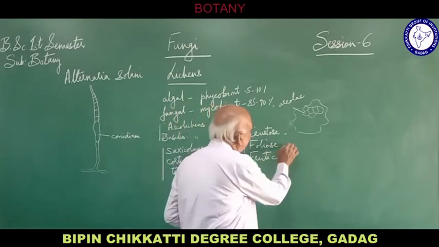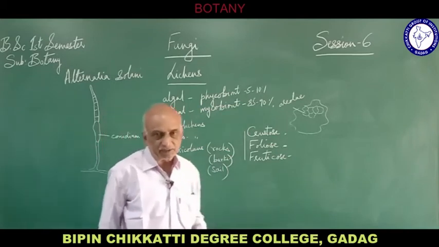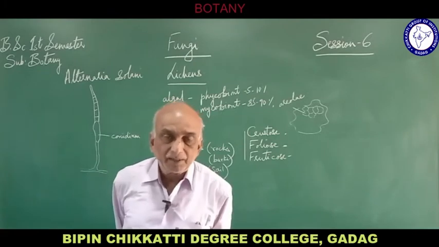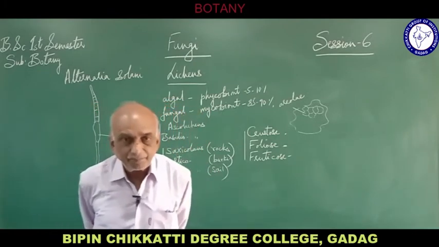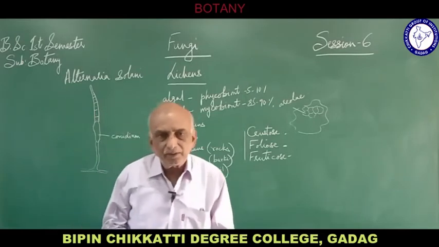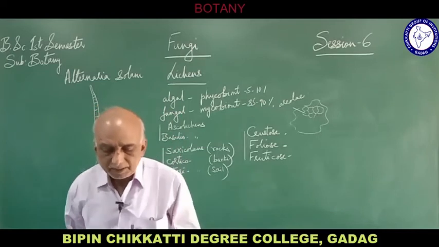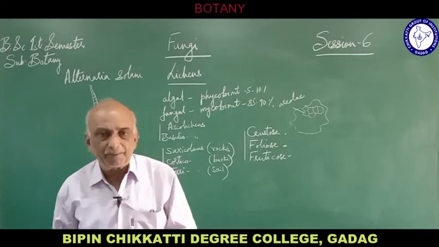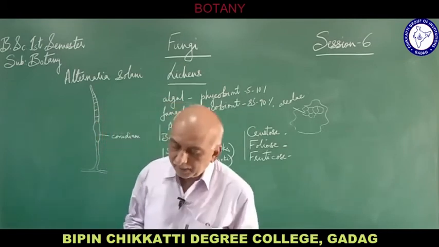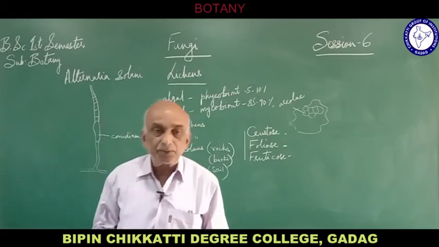Then the foliose: foliage means leaves. So foliose means leaf-like. These lichens are somewhat flat, just like the crustose lichens, but they are much lobed. They have many lobes and appear leaf-like, resembling crinkled and twisted leaves.